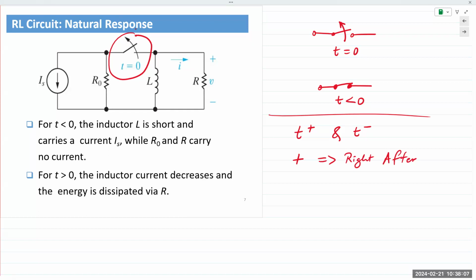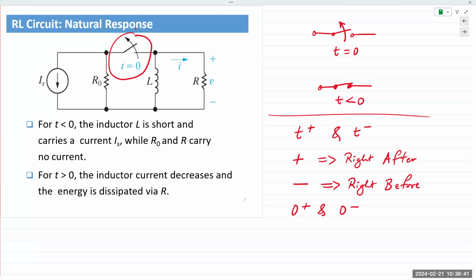And then minus simply indicates the time right before, or immediately before, or immediately preceding the flipping of the switch. Okay, so 0 plus and 0 minus simply indicate the moments in time that are right after or right before t equal to 0.